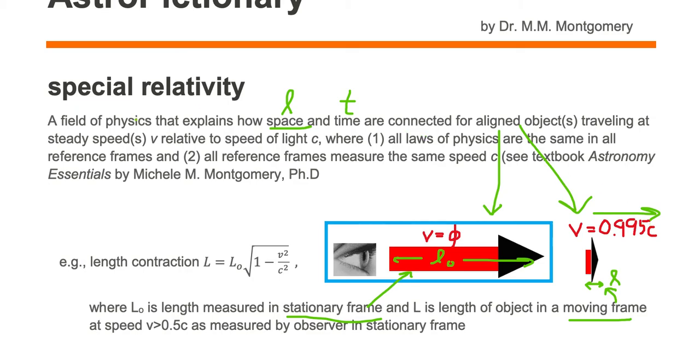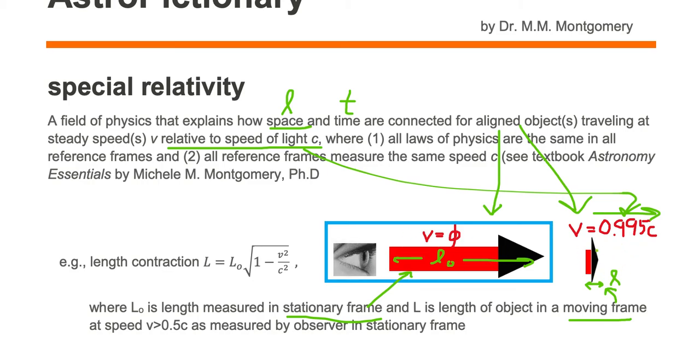So we're looking at a field of physics that explains how space is connected for aligned objects traveling at steady speeds v relative to the speed of light c. Well, we have that. We marked it off. It's 0.995 c. Where 1, all laws of physics are the same in all reference frames. So you have the stationary frame. All the laws of physics are the same in the stationary frame.